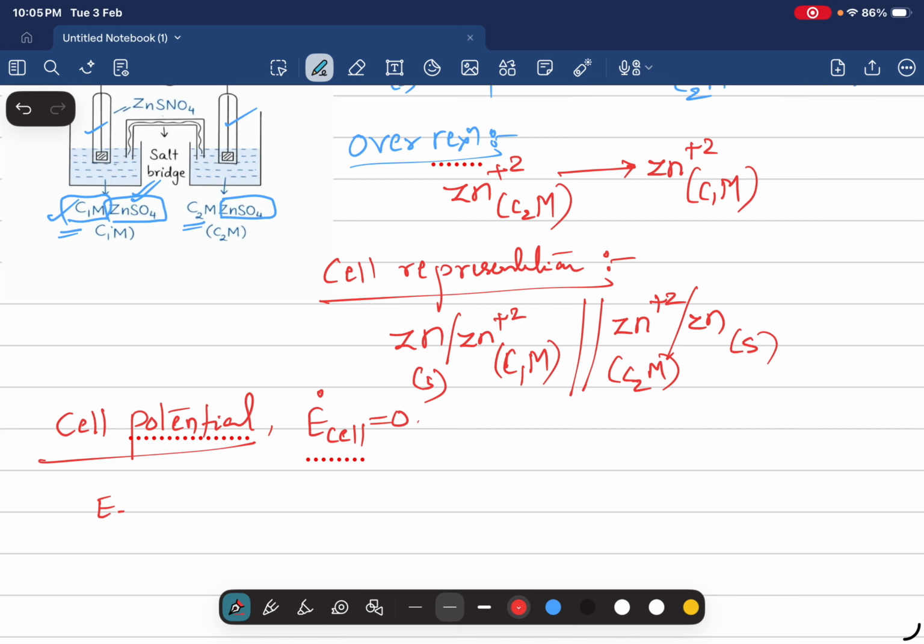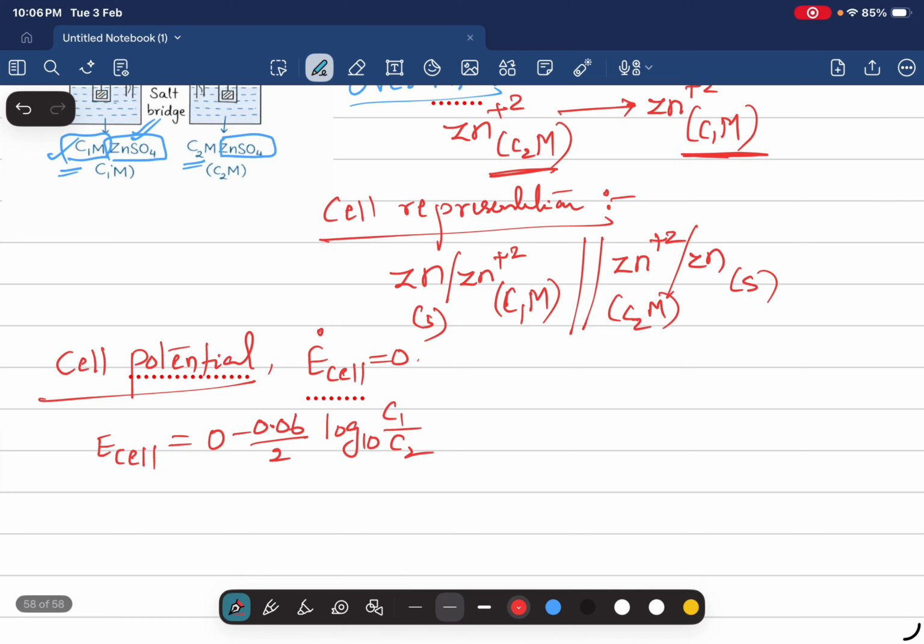So E cell equals 0 minus 0.06 by 2 log base 10 C1 by C2, because this is the product and this is the reactant, so you write C1 by C2. So here E cell equals minus 0.03 log base 10 C1 by C2.